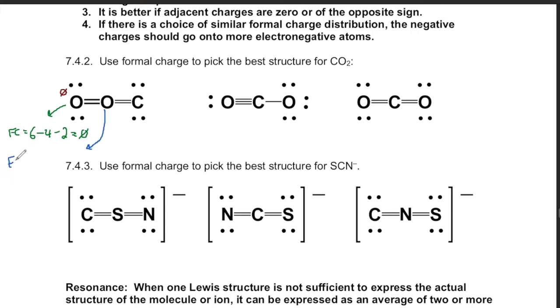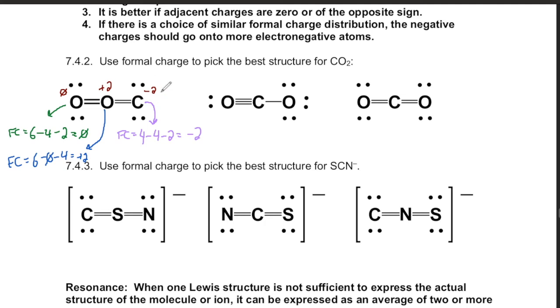For this one, we have the 6 valence electrons it brought, 0 lone pair electrons, and 4 bonds, so we have a +2. For this one, we have carbon with 4 valence electrons, 4 lone pair electrons, and 2 bonds, so we have a -2. So this is maybe not ideal. We have some formal charges.